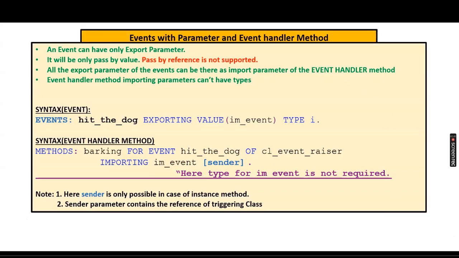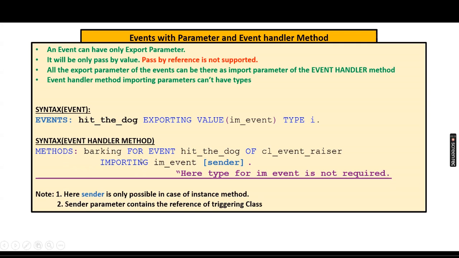We have taken this particular example, and one thing I was not able to discuss was the sender concept. Here you can see that sender was missing in our last class. I was not able to show you what the use of this particular keyword is. So let me give you an idea of what this keyword is going to do. This is an event handler method. Bark is an event handler method.